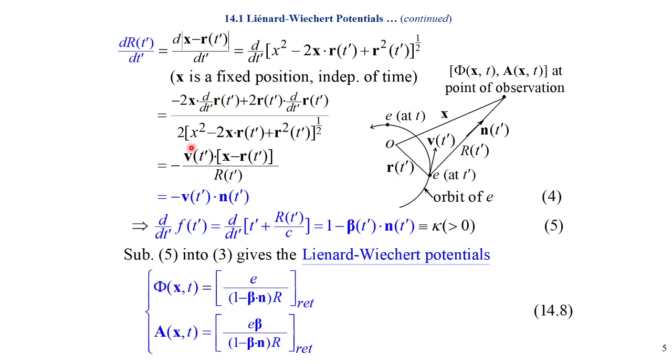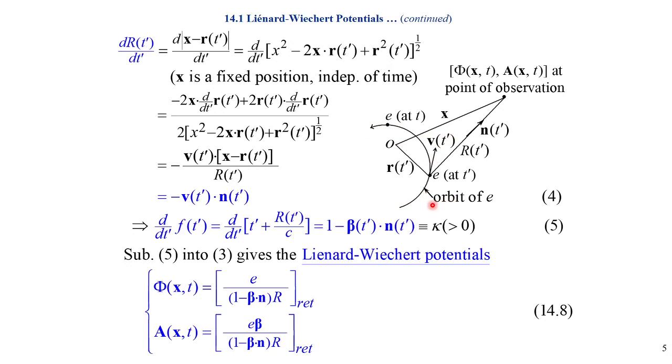Okay, it gives us the velocity here, and x minus r here. x minus r means the signal direction. We can write it into the separation r, the length, and the direction. So it's a normalized direction, just indicating the direction.